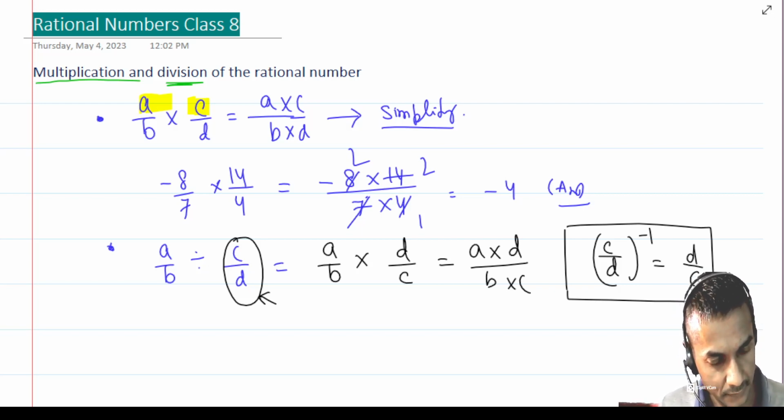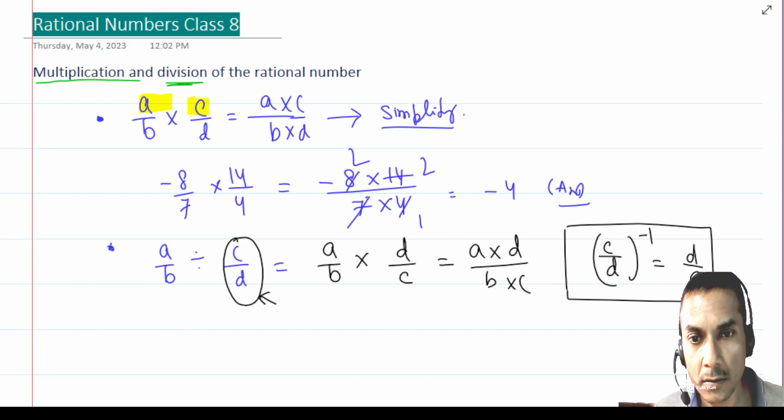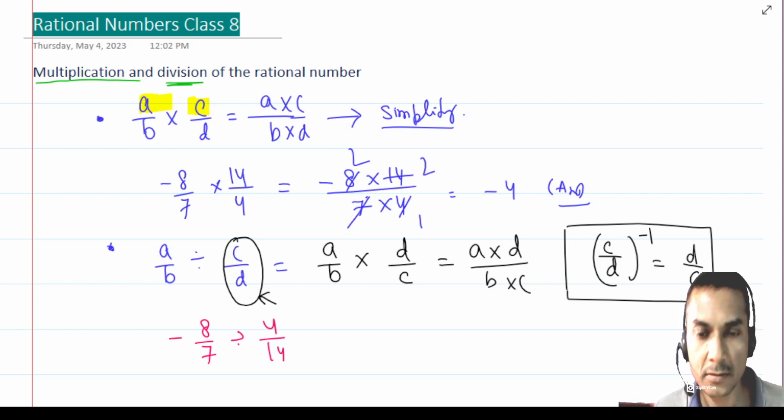For example, I give you an example. Just a minute. Minus 8 by 7 divided by 4 by 14. Okay, this is the question.